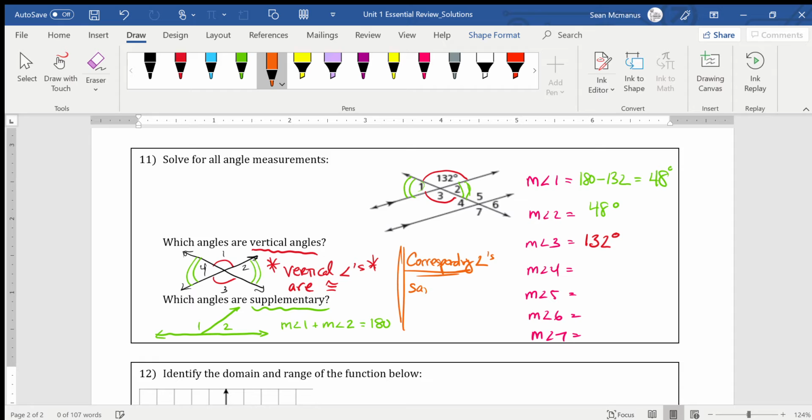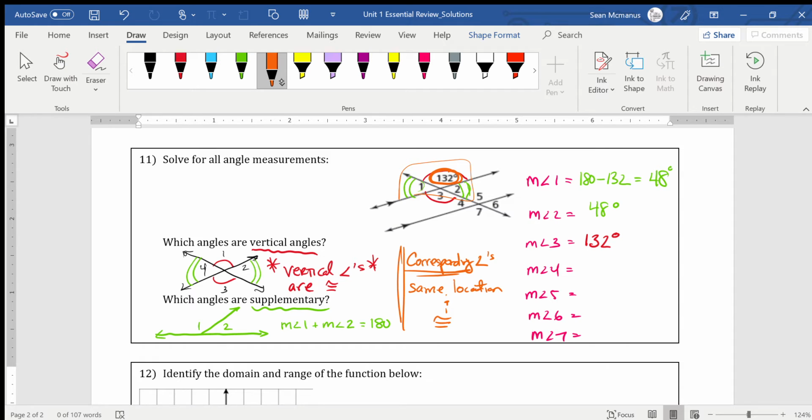Corresponding angles are in the same location, and they're congruent. When I say same location, I can see the 132 measurement here. If I just focus on that section I've been working on up here, it's in the top right corner.